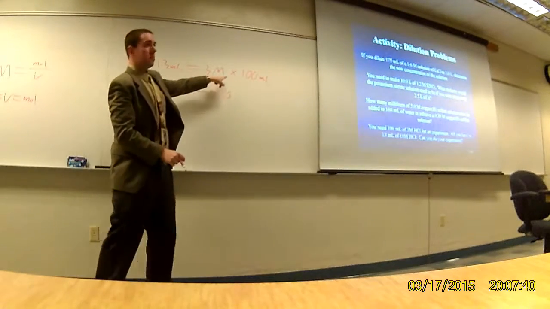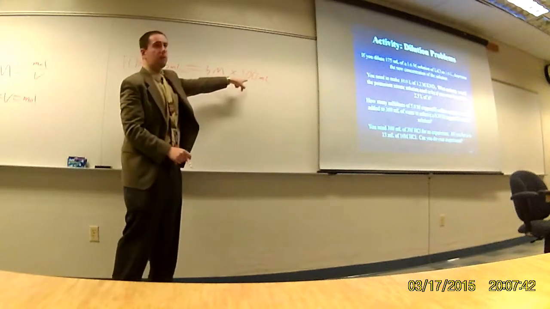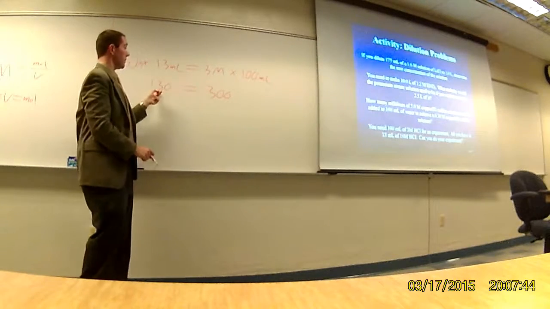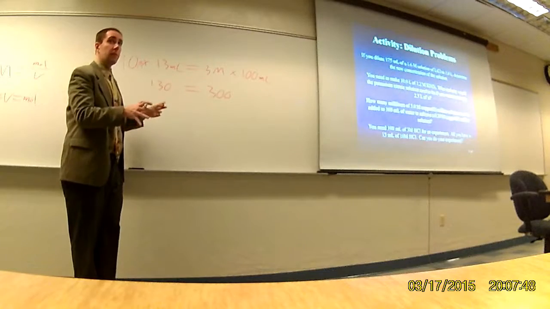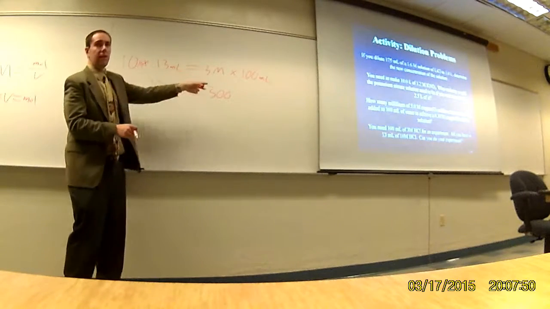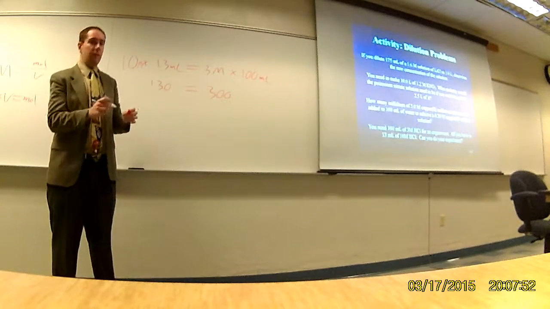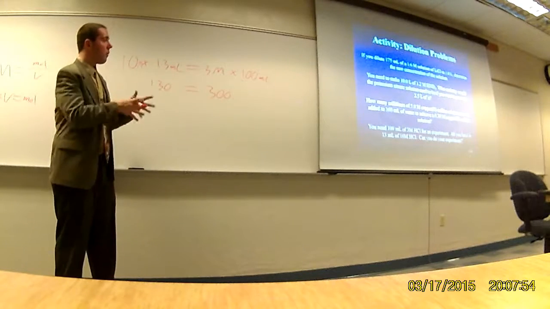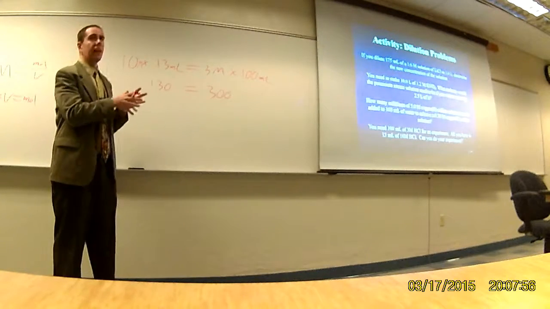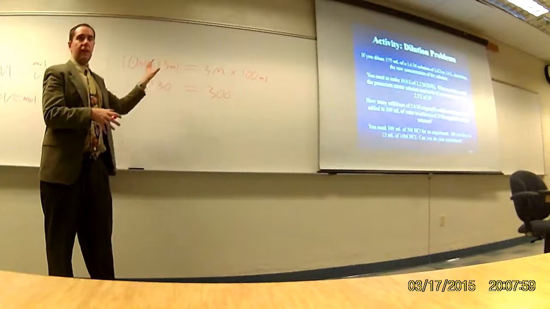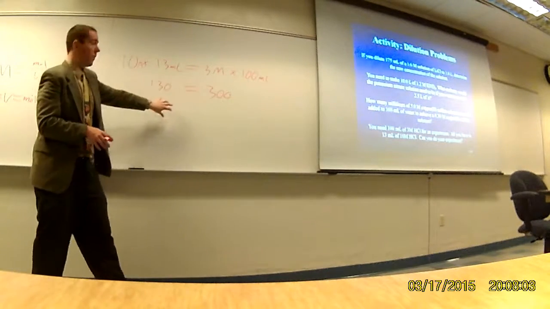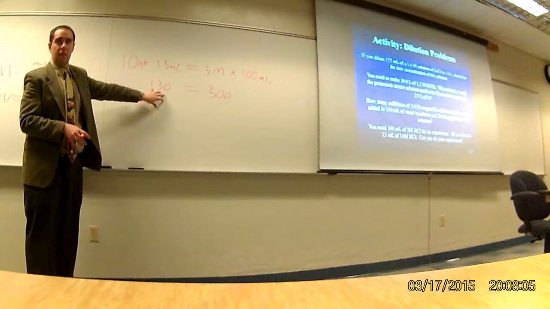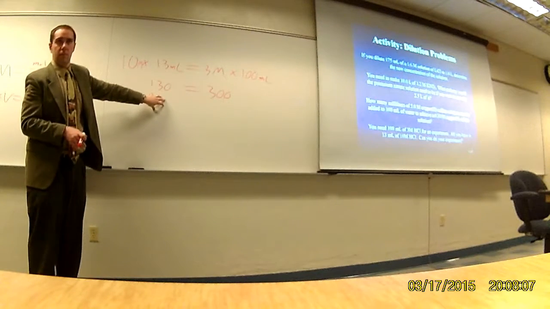So that's what we did here, right? Molarity times volume. So what this number is, is moles. It's millimoles because it's milliliters and not liters. But what this is telling us is how much of the HCl is on each side. So we need 300 of HCl here, but we only have 130. So we cannot do it.